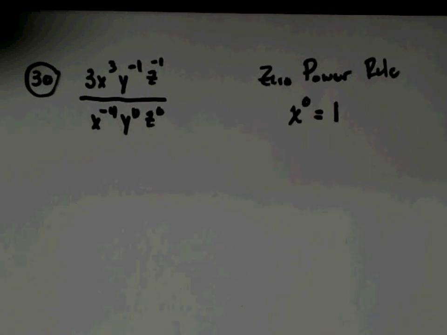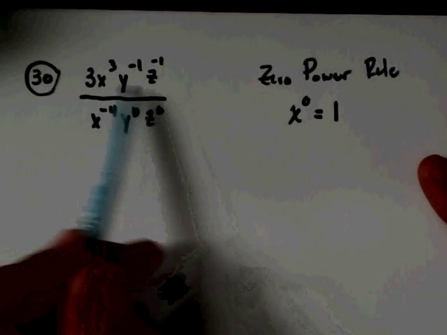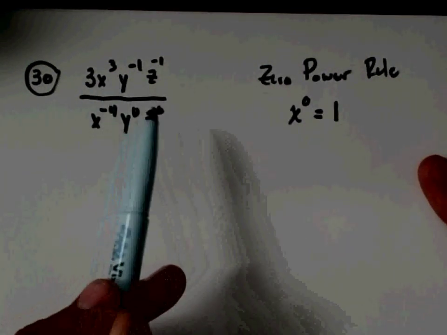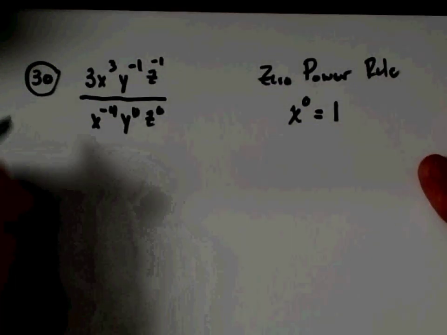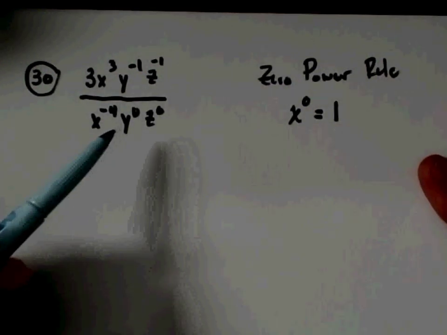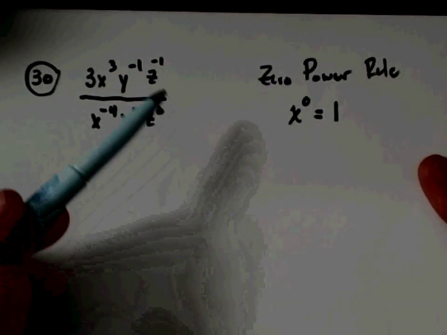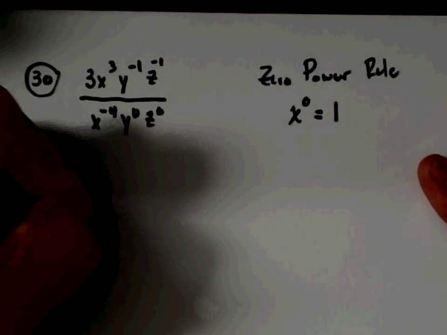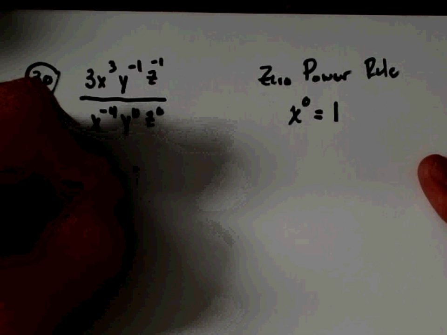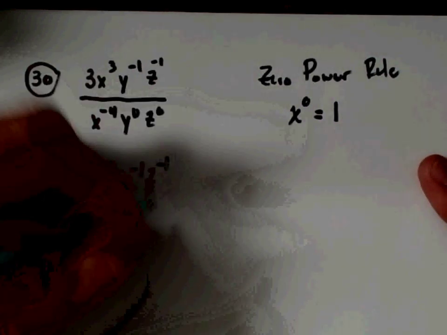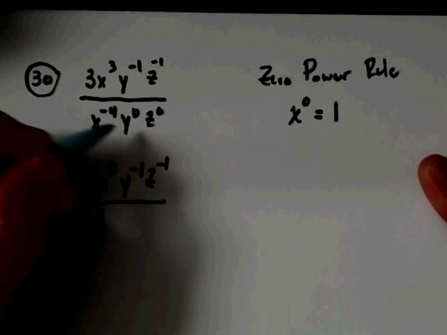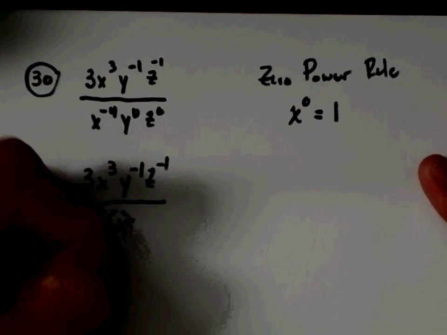Okay? And so up at the top, there's nothing that can be done, and the bottom there is. We have y to the 0 and z to the 0. And so if I define it with the zero power rule, it says that anything raised to the power of 0 equals 1. And so nothing happens in the top yet. And in the bottom, y to the 0 is 1.